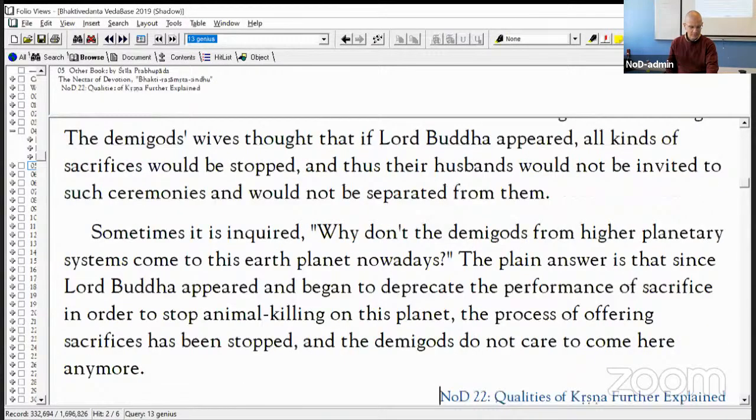And Prabhupada gives his joke: why don't we see the demigods? So Prabhupada says, where are the sacrifices? You don't see the sacrifice, you don't see the demigods, but do you have sacrifices to which you invite demigods? No. So how can you claim the right to see the demigods?